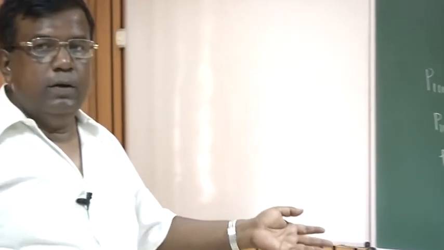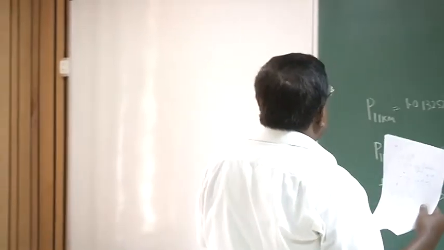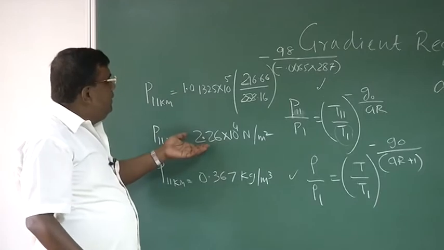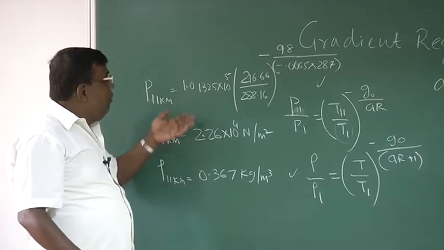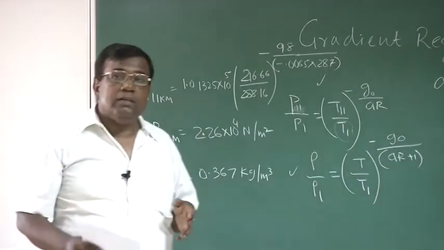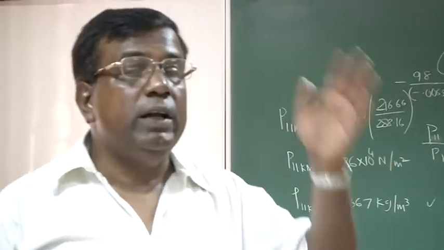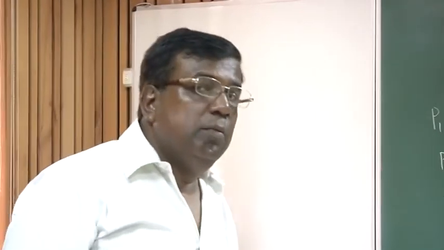And if we do not take proper care, with the understanding that there is so much difference in pressure, our structural design also will not be appropriate. So we have to be very careful when designing an airplane. We must see at that altitude what the pressure difference is.